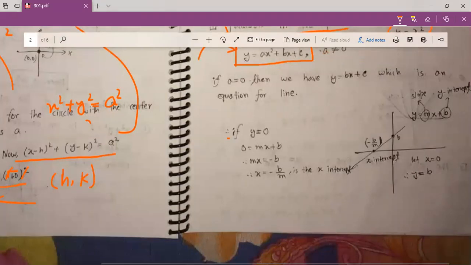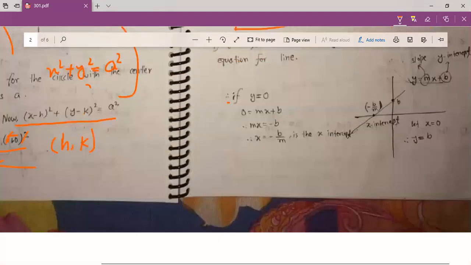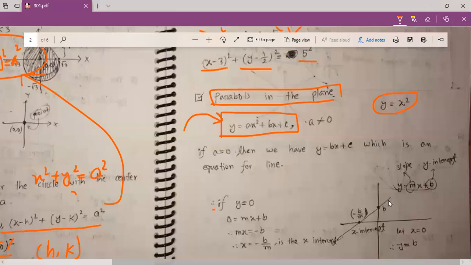the x-intercept and y-intercept. For some moment, let's think about a straight line. This is our x and y axis, and this is our line. This point is called the x-intercept because it is on the x-axis, and this point is called the y-intercept because it is on the y-axis.